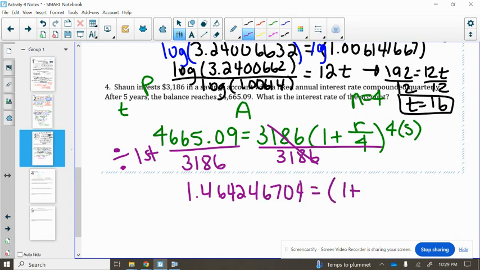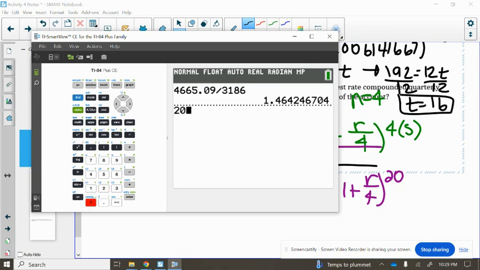Now again, to undo something to the 20th power, we need a 20th root. So I'm going to take the 20th root this time of my most previous answer, the 1.46, plug that in.